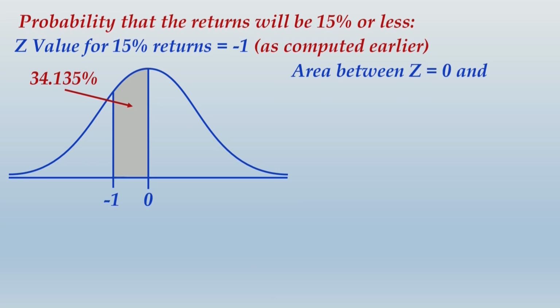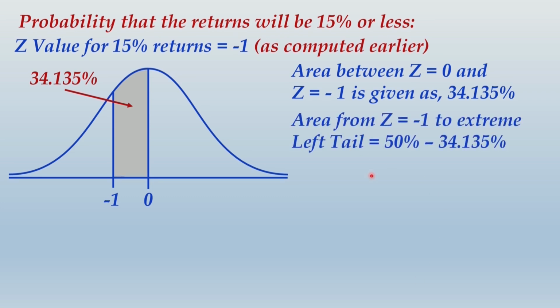So we know one thing, that area between Z equal to 0 and Z equal to -1 is given as 34.135%, and the left tail, if you observe extreme left tail, so area from Z equal to -1 to the extreme left tail will be 50% minus the area of this strip.